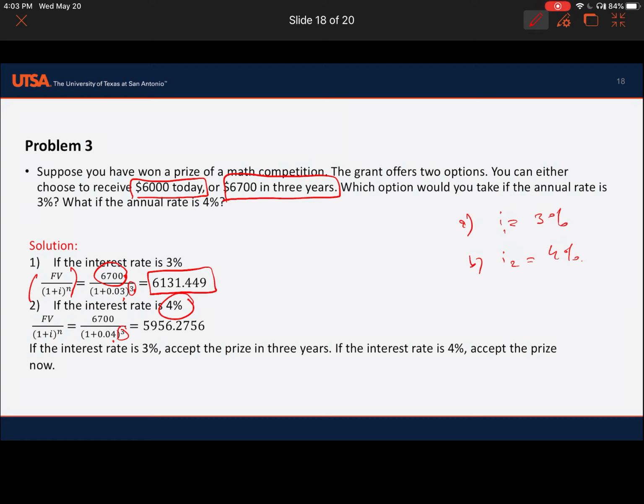So if the interest rate is 3%, which one do you accept? Of course, you will accept the one in 3 years because it's higher than today's value. So if the interest rate is 3%, accept the prize in 3 years. If the interest rate is 4%, accept the prize now, right?